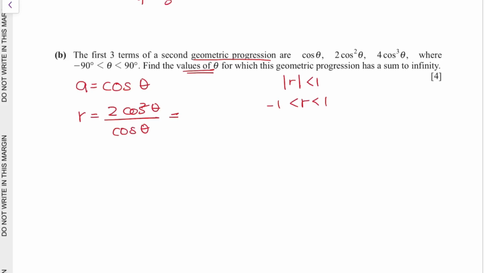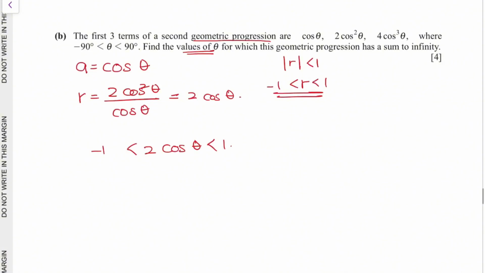That would give you 2 cos theta. This is your r. Now you know that r is between negative 1 and 1. So 2 cos theta would be between negative 1 and 1. What about cos theta? Then you're going to divide both sides by 2. It should be between negative half and half.